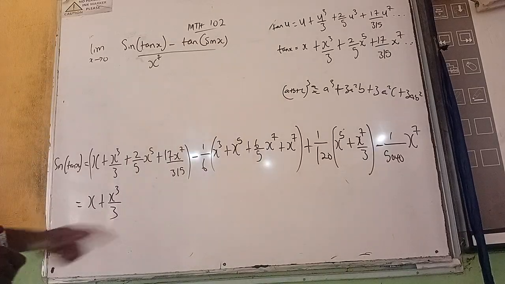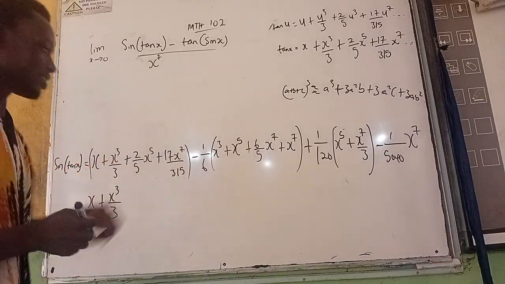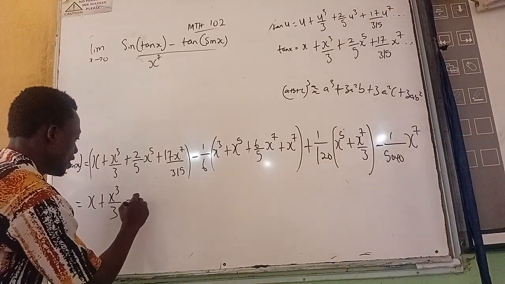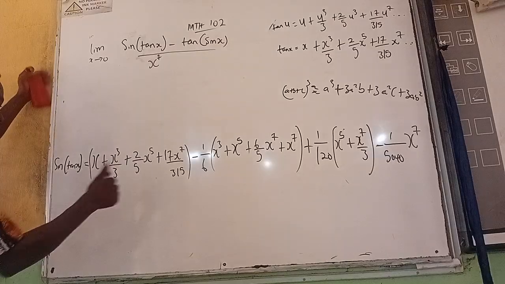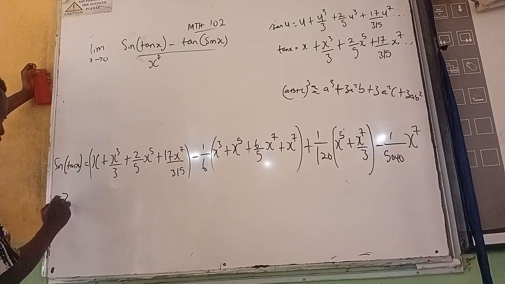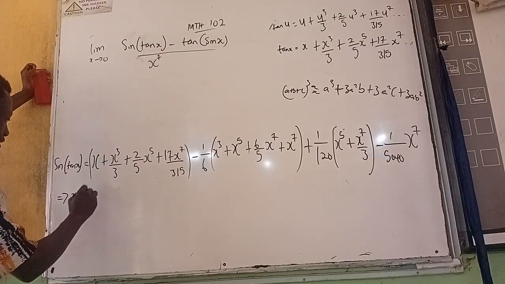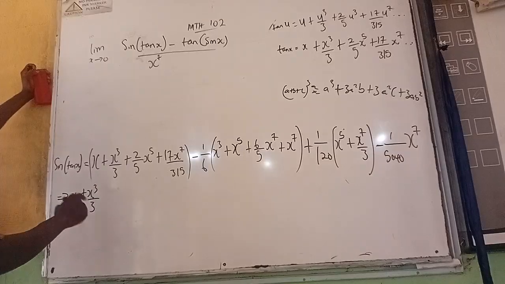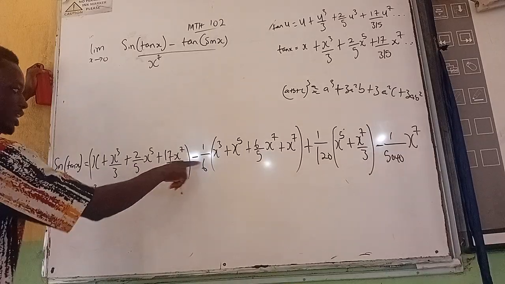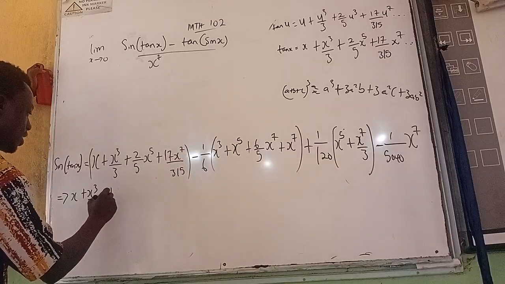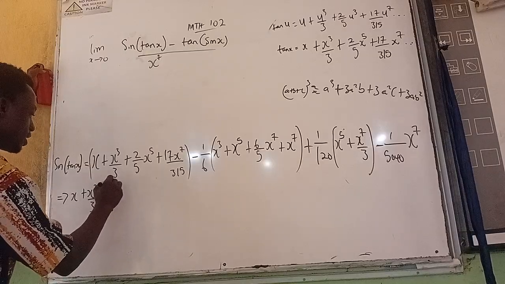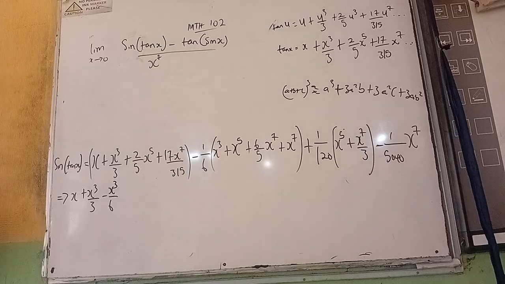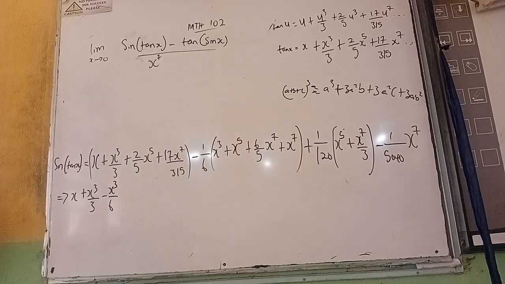Do we have x cubed elsewhere? Yes, there is minus 1 over 6 x cubed. That's x cubed over 6. Let me write it so that one line can contain everything. Equals x plus x cubed over 3, minus 1 over 6 x cubed. Are we together? I hope. Yeah, it's showing very well.